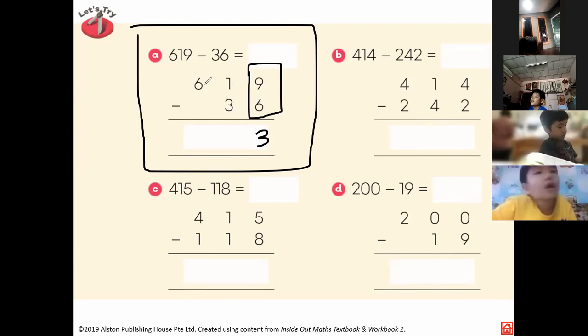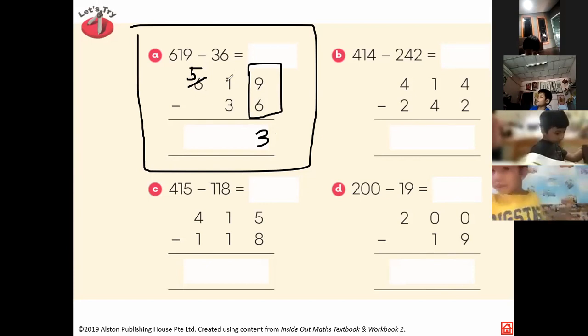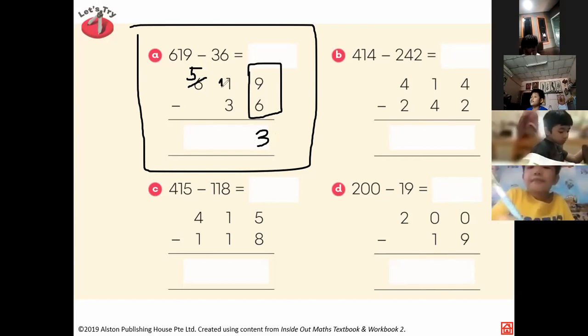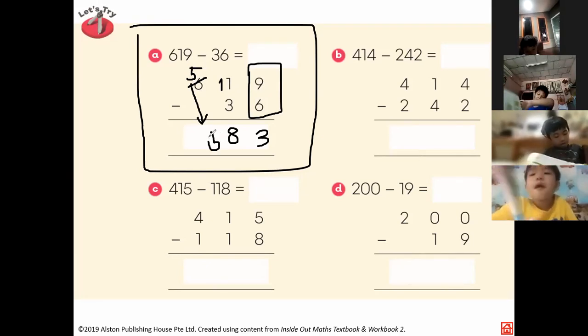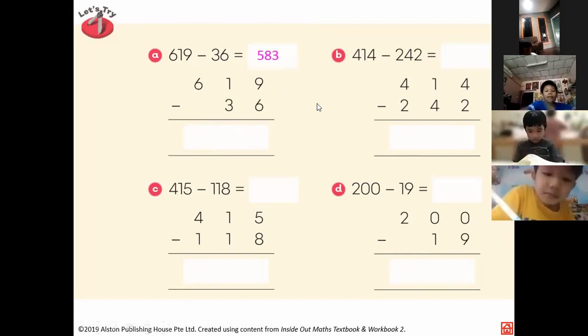So all we have to do is to borrow 1 from 6. So 6 will become 5. And then the 1 will be here, and 1 will become 11. So 11 minus 3, that's 8. And then we'll just bring down 5 here. So the answer for letter A is 583.